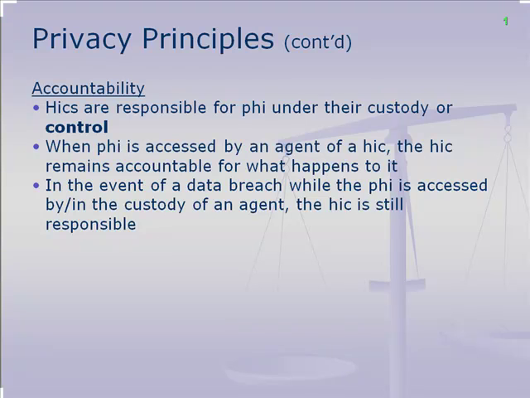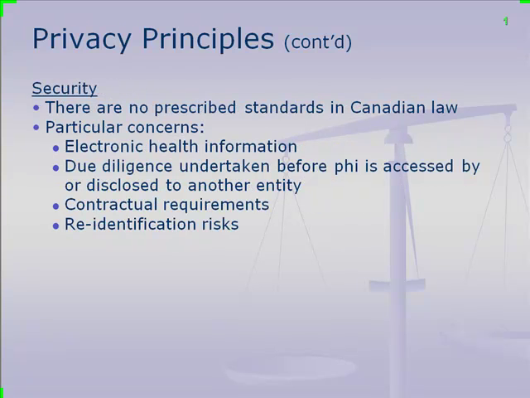So that means that you as the HIC may have done everything in your power with respect to providing the PHI to the agent, but if there is a problem, you may have an order against you or a complaint made to the commissioner about your practices. So that's another reason to give serious consideration to the other information and data minimization principles.